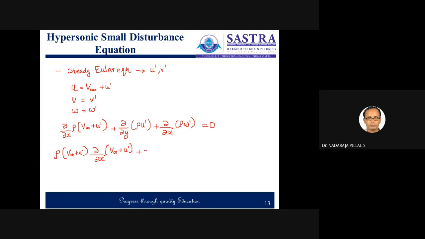Plus rho v dash into dou by dou y of v infinity plus u dash, plus rho w dash into dou by dou z of v infinity plus u dash. That can be equated to minus dou p by dou x.